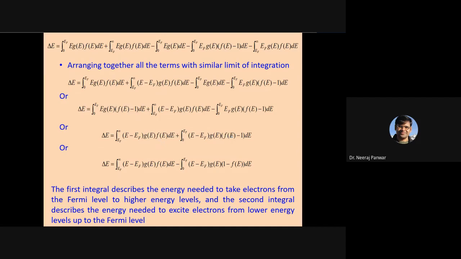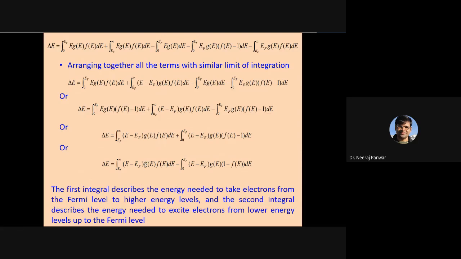We can write f of E minus 1, taking the minus sign outside, as 1 minus f of E. So this is the expression for the change in the internal energy of the electron gas when its temperature is changed from T equal to 0 Kelvin to a temperature T.